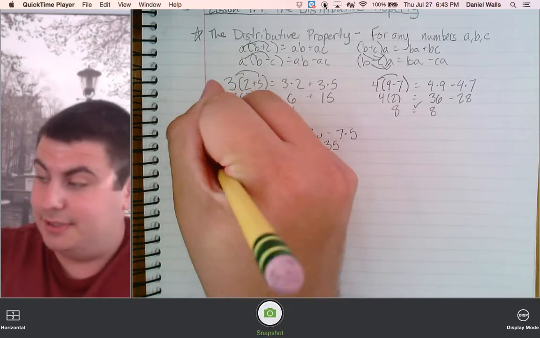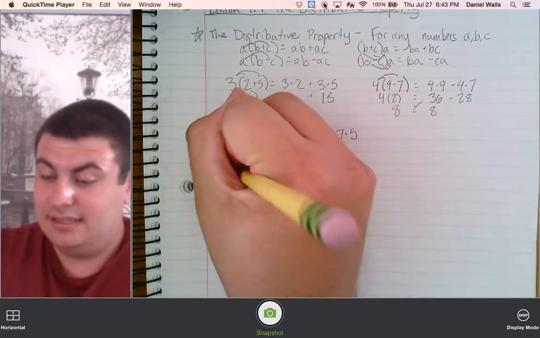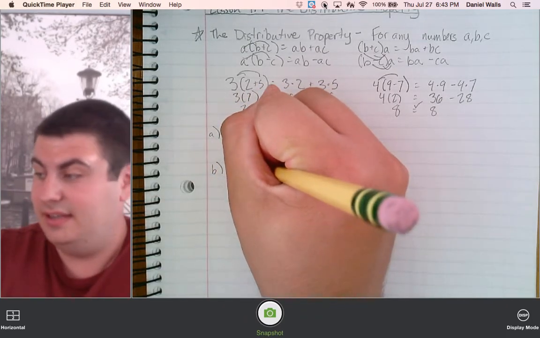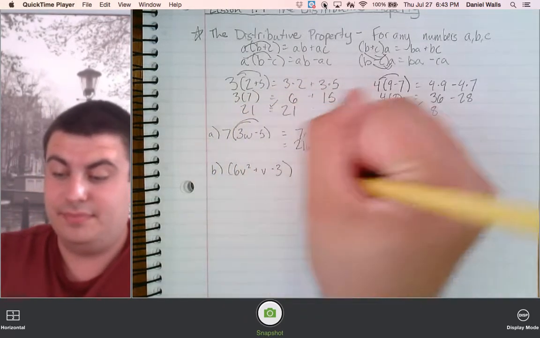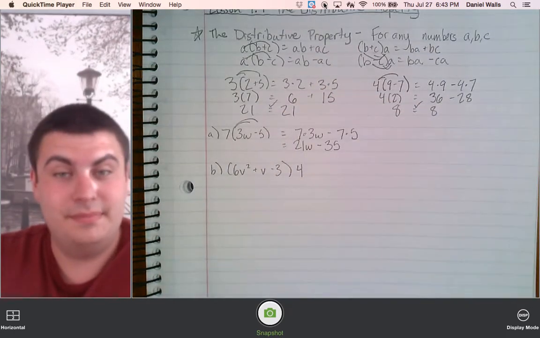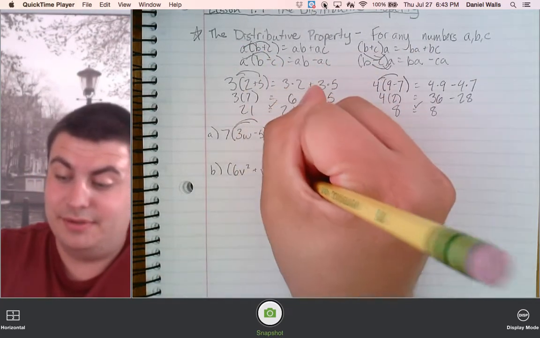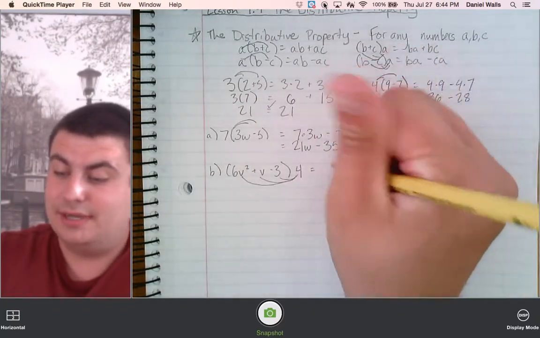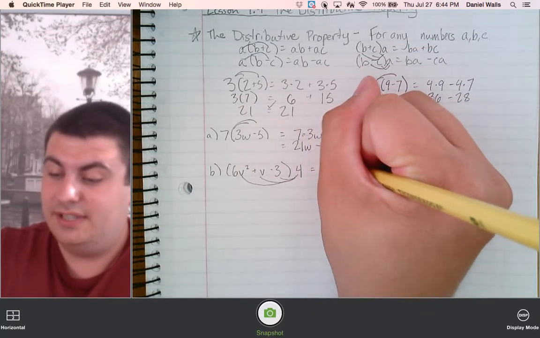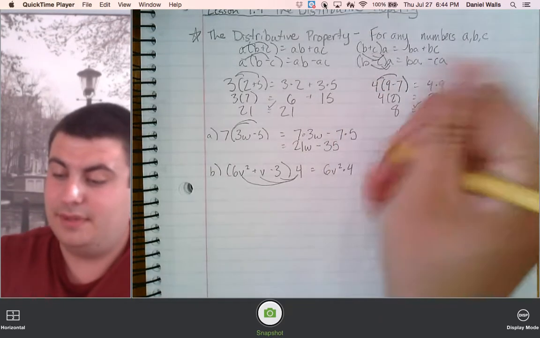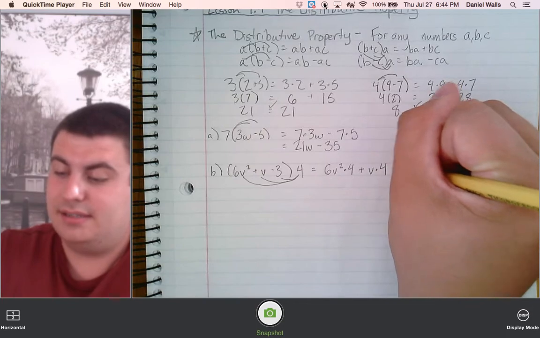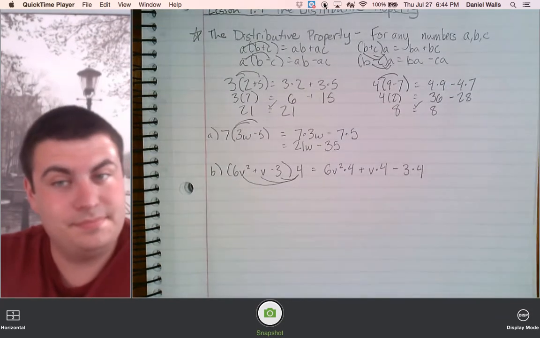Let's look at this example: 6v squared plus v minus 3, times 4. Here we're going to back distribute. We distribute to all 3 but do it backwards. So we have 6v squared times 4 plus v times 4 minus 3 times 4.